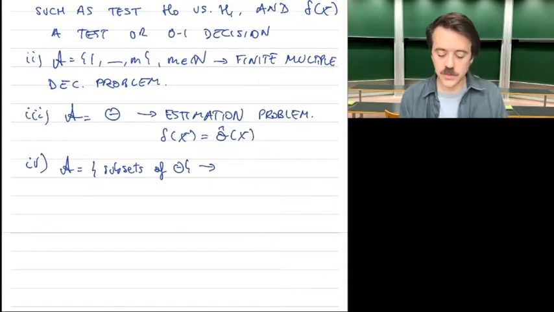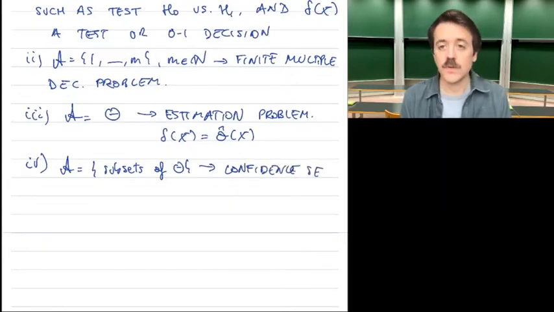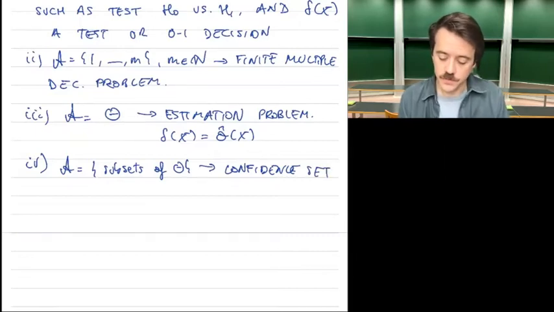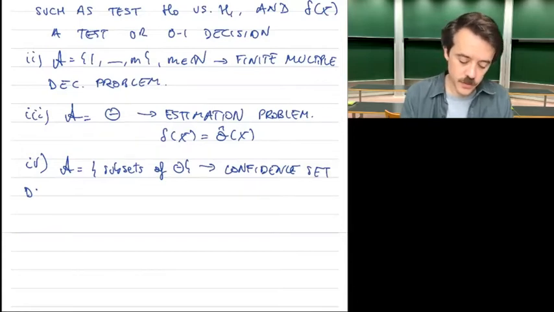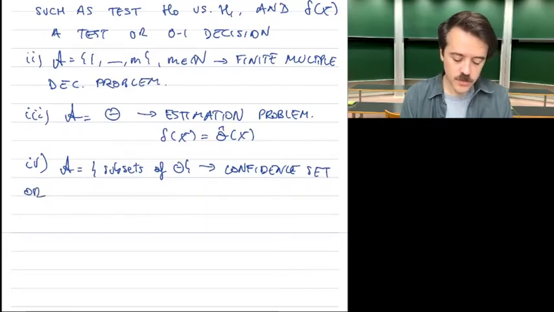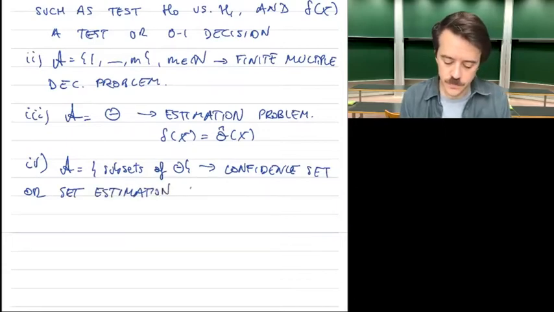Let me go back to this thing that I was just writing. So confidence set problem or decision problem. Well, actually, before doing that, let me say confidence set or set estimation decision problem.